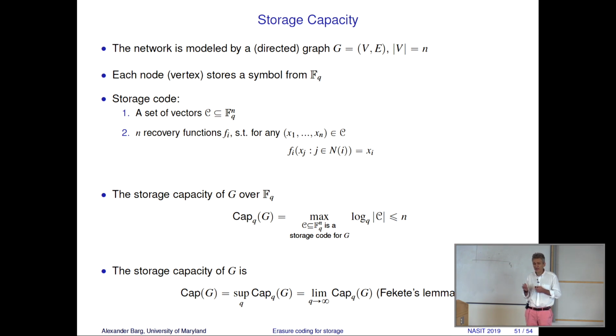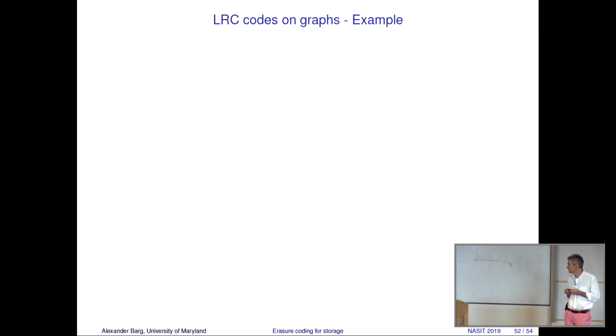It is subadditive, and Fekete's lemma applies. Fekete's lemma says exactly that for subadditive functions the limit exists and equals the supremum. So the definition can be taken as the limit of the capacity over a field F_q as q goes to infinity.